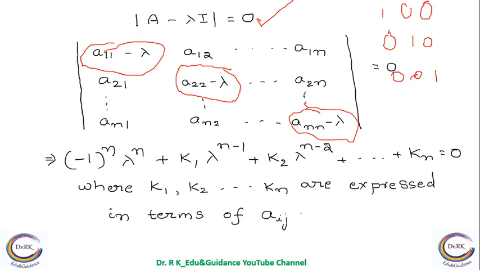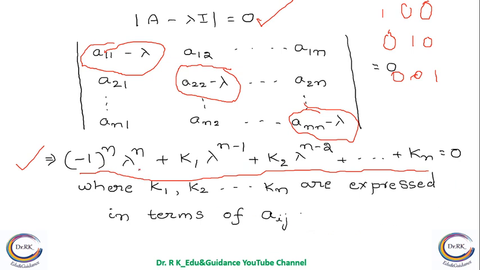Now if we expand this determinant, then we'll get a polynomial of order n. This is what that is: a polynomial of order n, minus 1 power n lambda power n plus k1 lambda power n minus 1 plus k2 lambda power n minus 2 and so on, equal to 0.